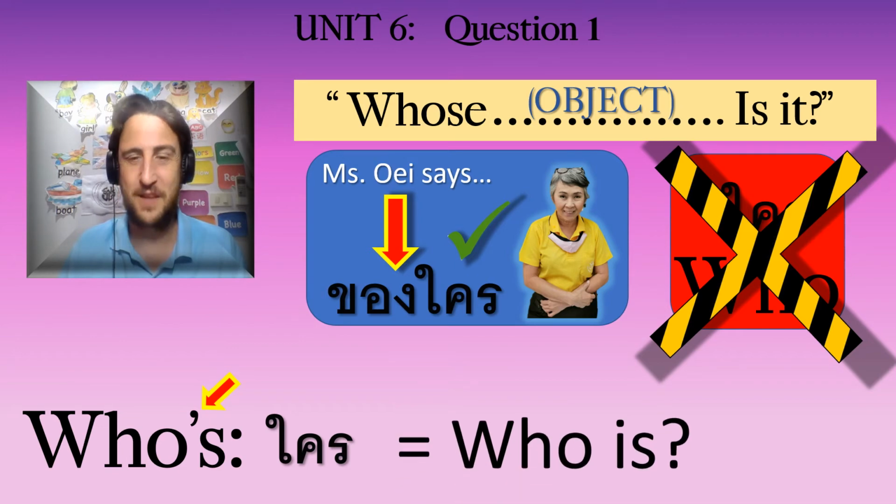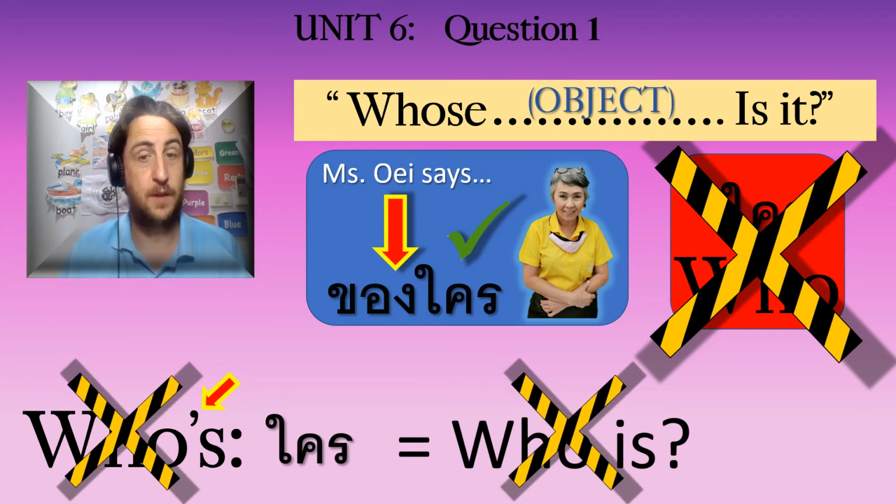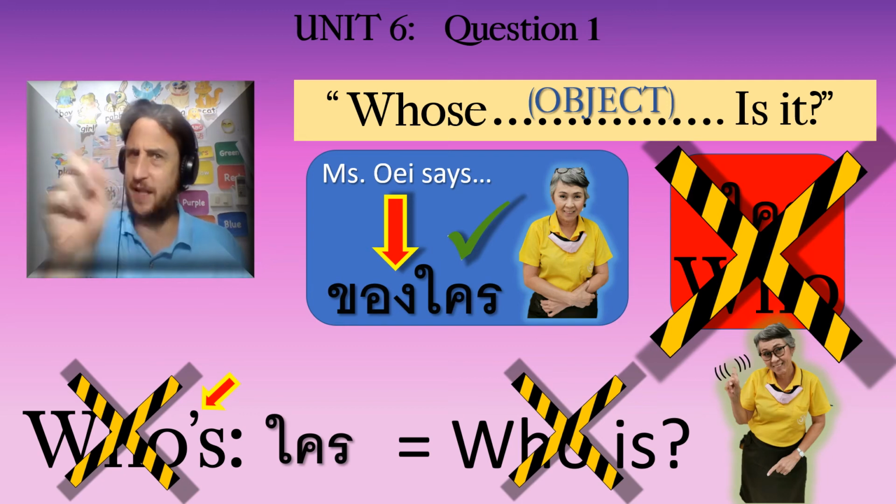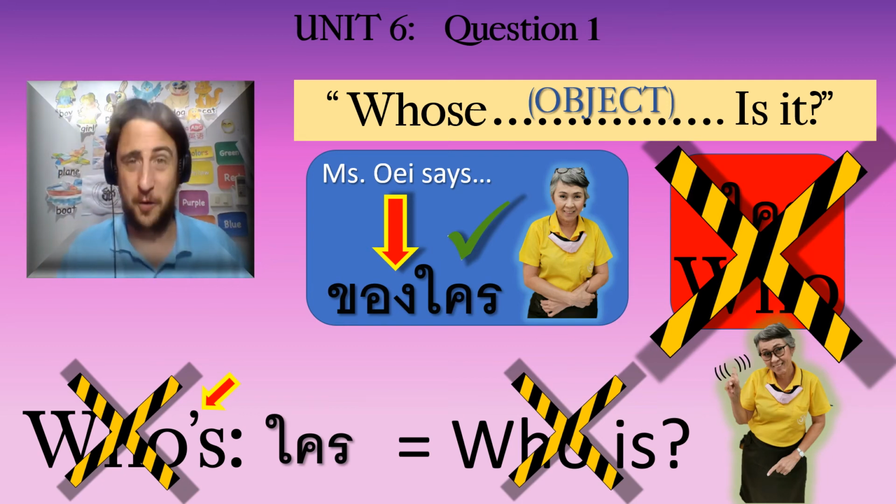Okay, so "whose" means "ของใคร", and we are not looking at "who's" in unit number 6. Question 1 for unit number 6 is: whose object is it?